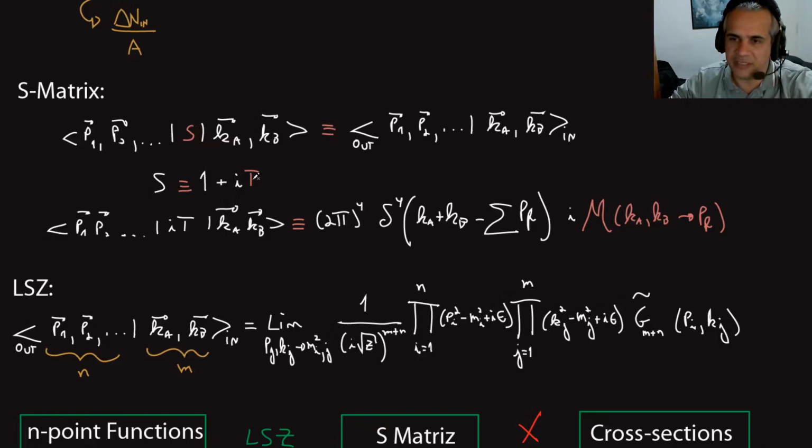And then I also defined the T matrix, which is just the part of the S matrix that is not the identity. So it's the part that I'm not really interested in, the cases where the particles just go through each other without interacting. So I defined T, and finally I defined this invariant matrix element, which is just the part of T that encodes the dynamics, right?